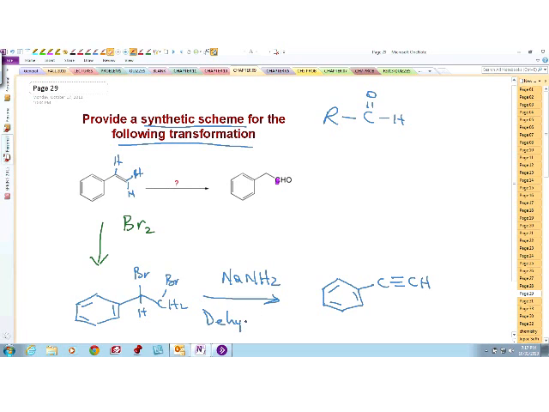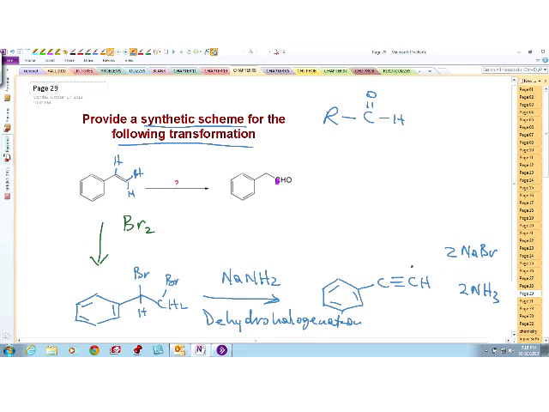Okay, so this is dehydrohalogenation. Remove two molecules of hydrogen bromide. Actually, you end up with 2 sodium bromide and 2 ammonia.